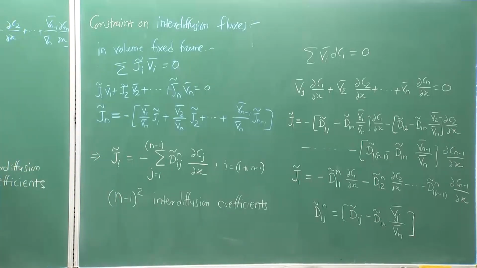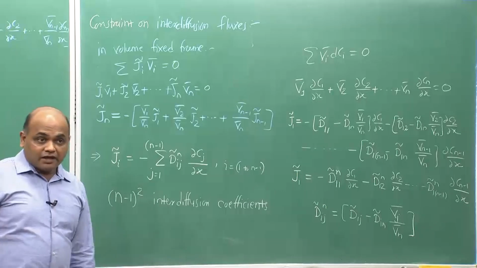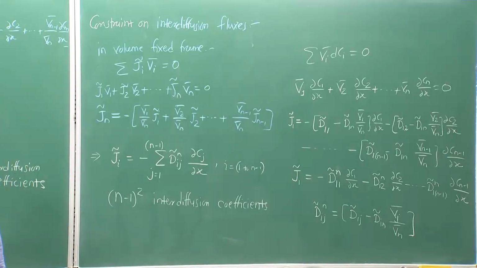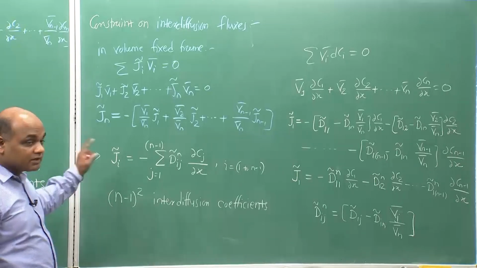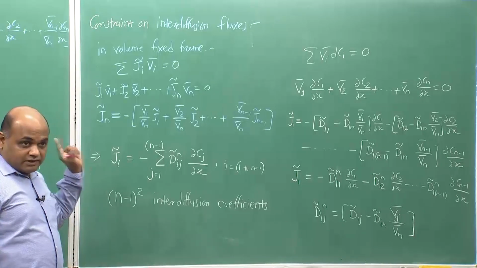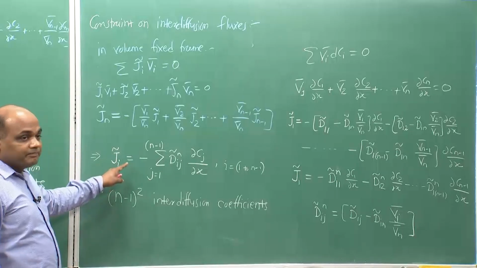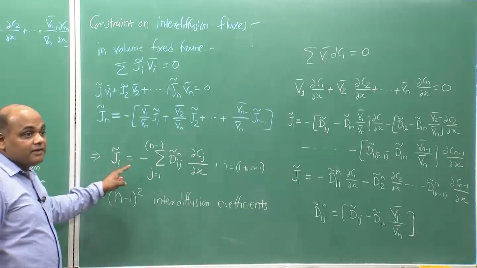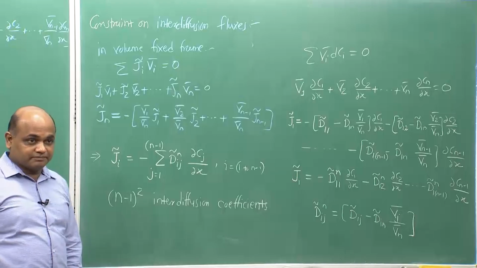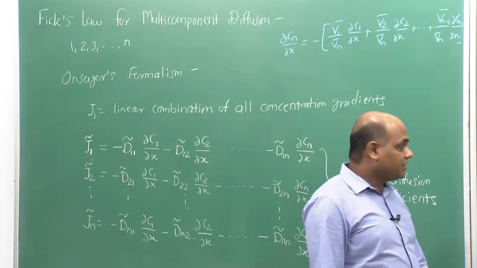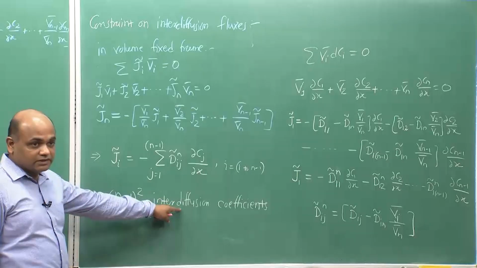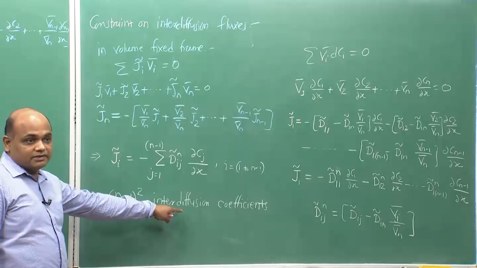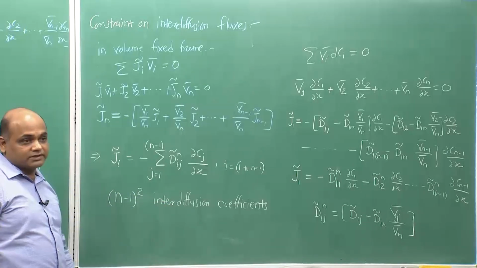So, this is how we can express interdiffusion in an n component system. We can describe interdiffusion in an n component system by using Fick's law extended to the multicomponent system by Onsager's formalism. So, we need n minus 1 square interdiffusion coefficients to completely describe interdiffusion in an n component system.